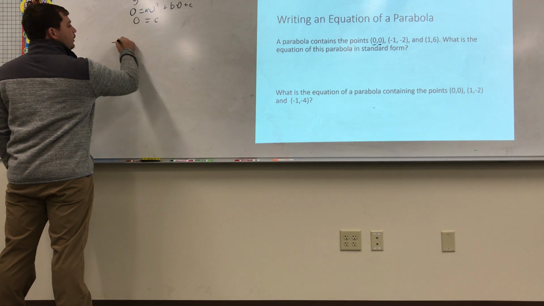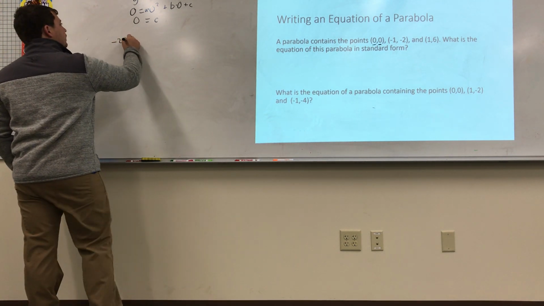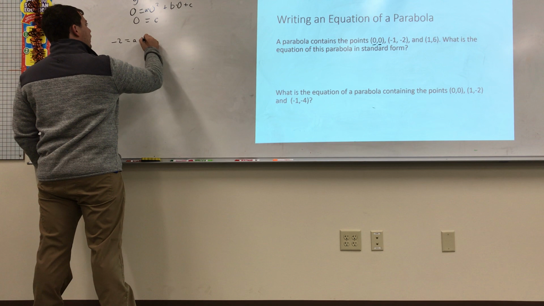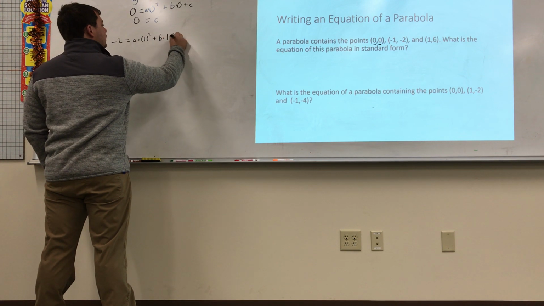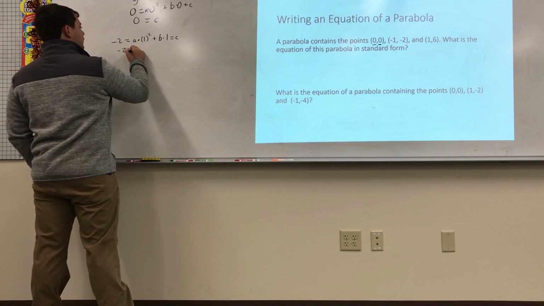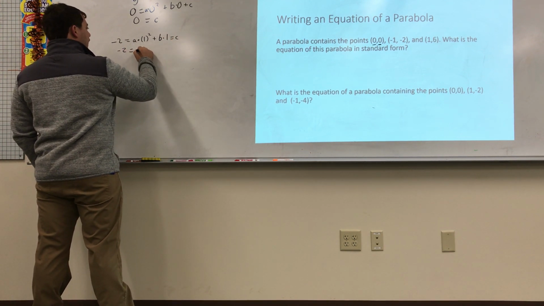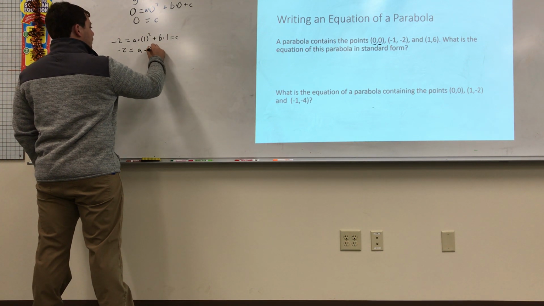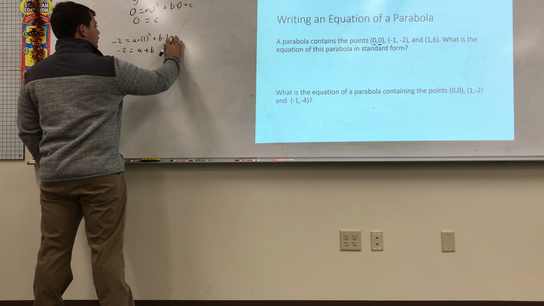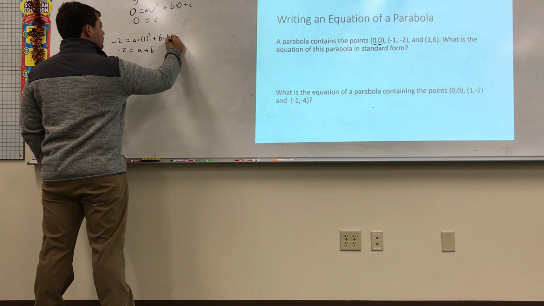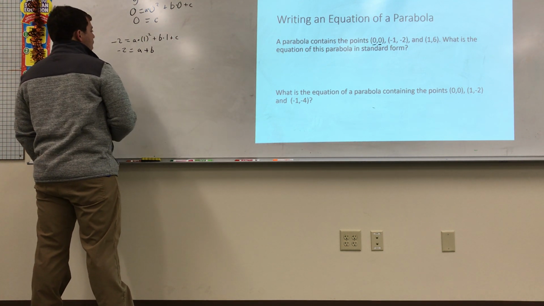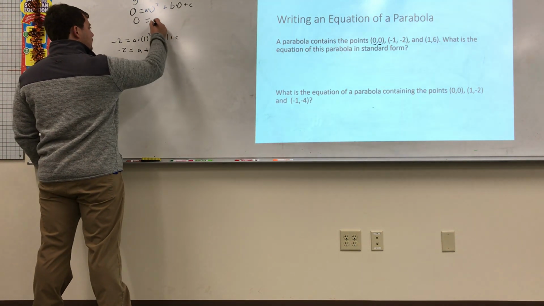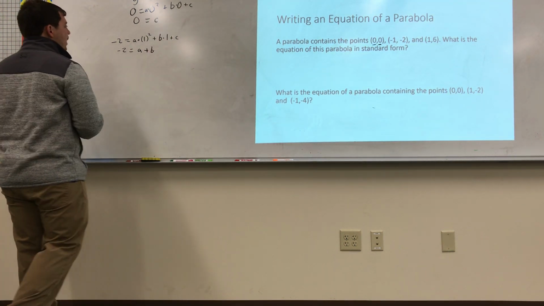So -2 equals a times 1 squared plus b times 1 plus c. We get -2 equals a plus b, and we know c is 0, so I'm going to leave it off.